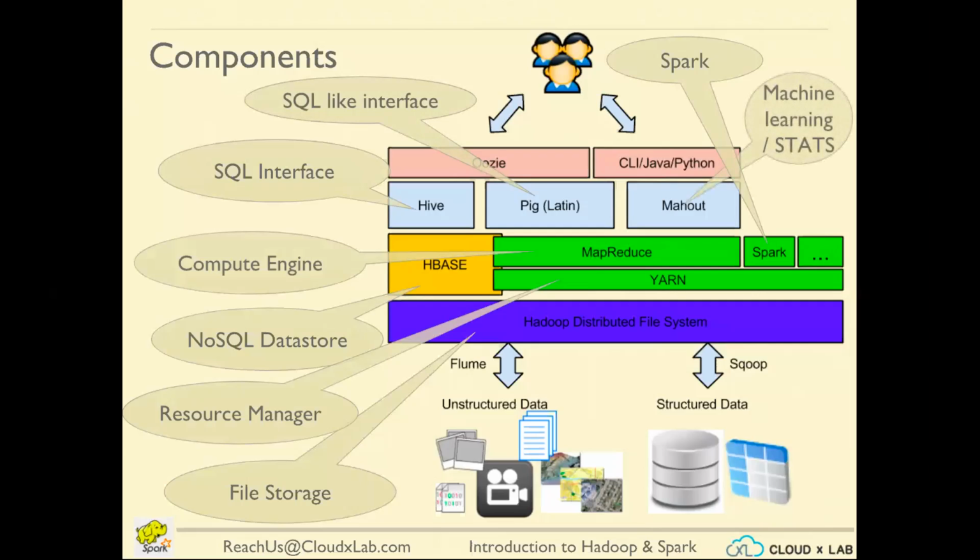Similarly, there was Mahout. Mahout was a machine learning or statistics library. Most of the algorithms, programs, and libraries that have been written for Python, Java, and R traditionally have been written with the mindset that there is only one machine on which they will be run.